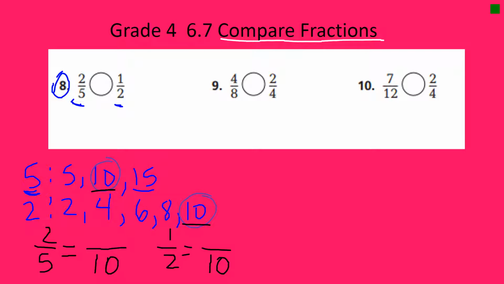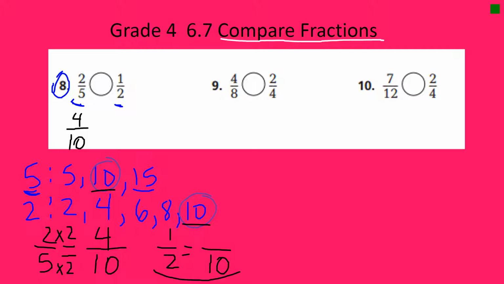So 5 times what is 10? 5 times 2 is 10. What do we do to the 2? We multiply that by 2. What's 2 times 2? 4. So we just figured out that 2/5 is equivalent to 4/10, and then 1/2 is equivalent to how many tenths?